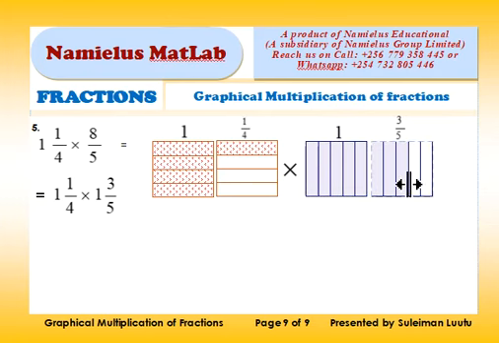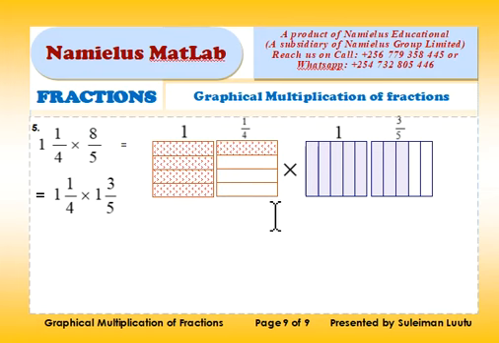Now we are going to do the multiplication of all these by this. The first thing we shall do, we shall have this one going into each of these two, and then next it will be 3 out of 5 going into each of these two.